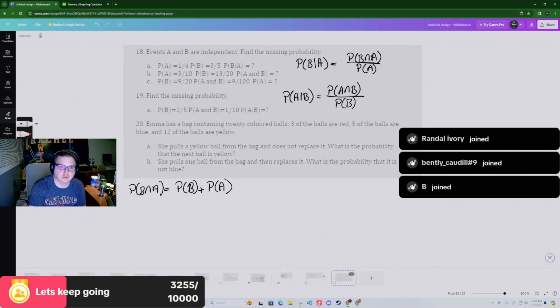It's just saying here's our one event. So we are going to do 1/10 divided by 2/5, and this solution is going to be A given B.